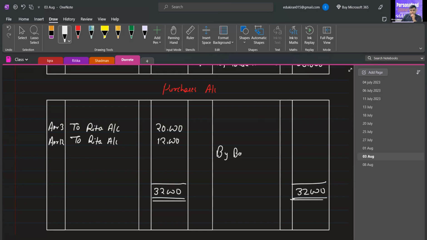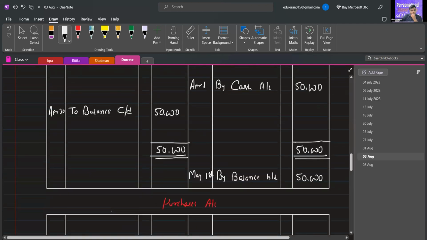So by balance CD 32,000 and to balance BD 32,000. It will be April 30th and it will be May 1st. Okay.